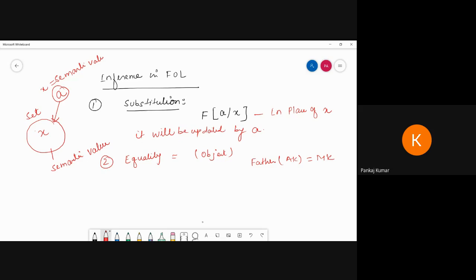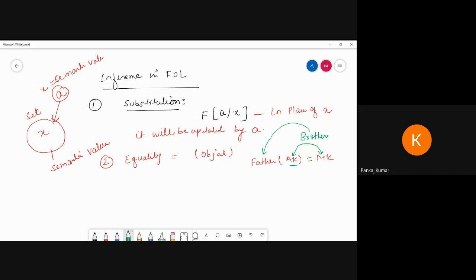Now see, these both are interrelated. Both are related, which means maybe they are brothers. Both are brothers, meaning they have the same father. That is the possibility.